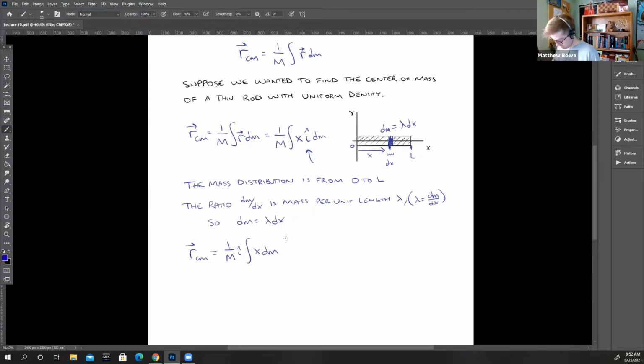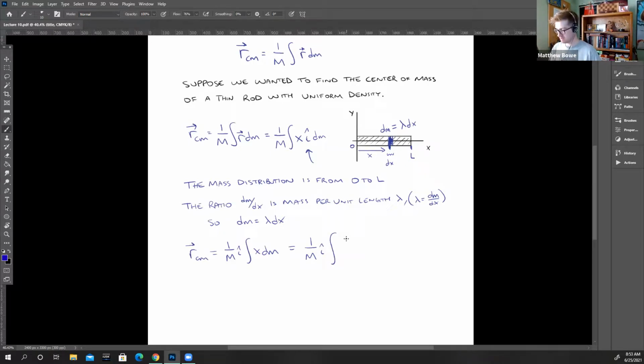Okay, well, what was dm? Dm, right here, I said in the line above, is lambda dx. So let me just put another equal sign. And this is where we can introduce our limits of integration.